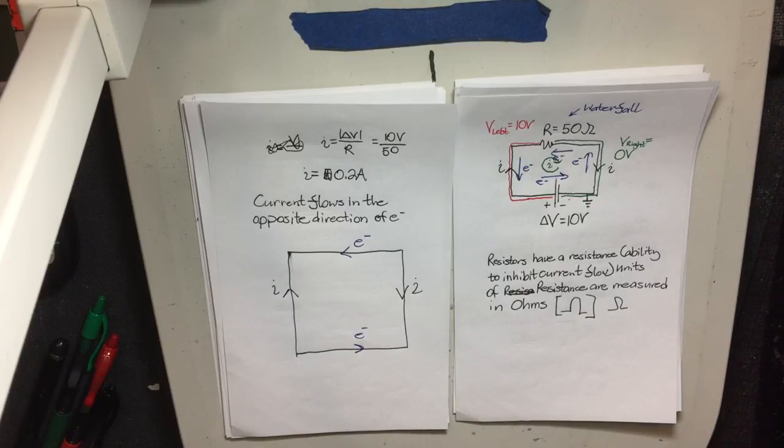In reality, it's the electrons that are doing the moving. But in our analogy, we're going to say that this water, which is the opposite flow of the electrons, is what we're thinking about in this analogy.